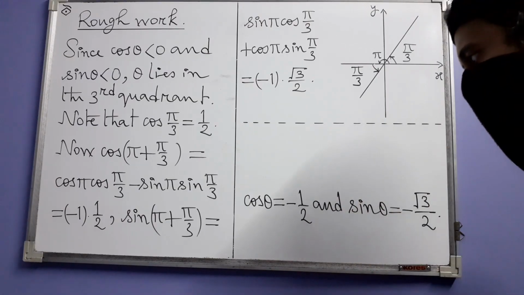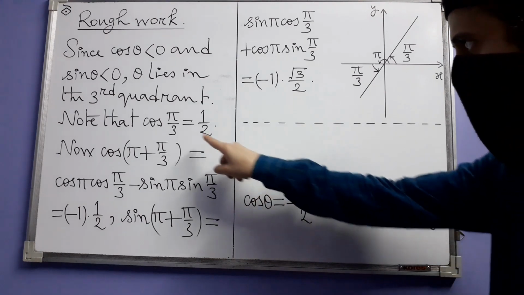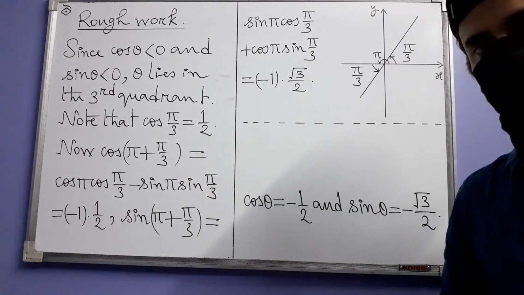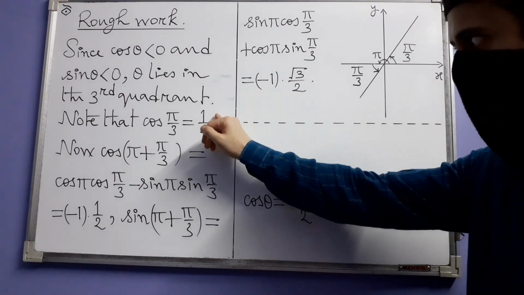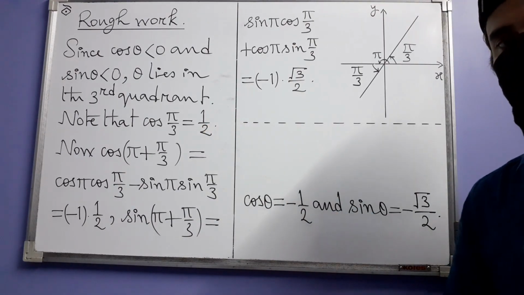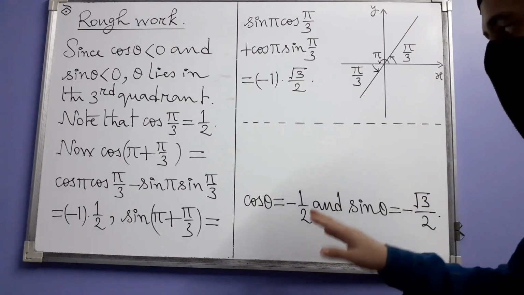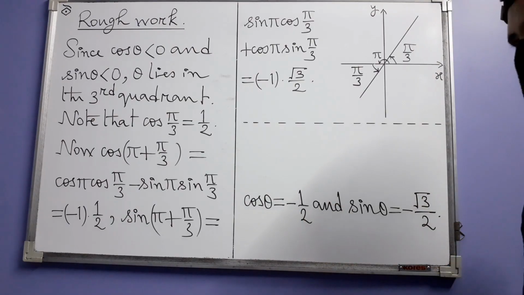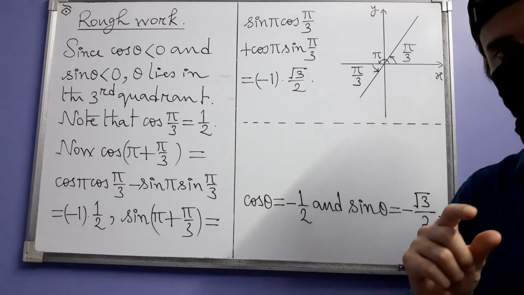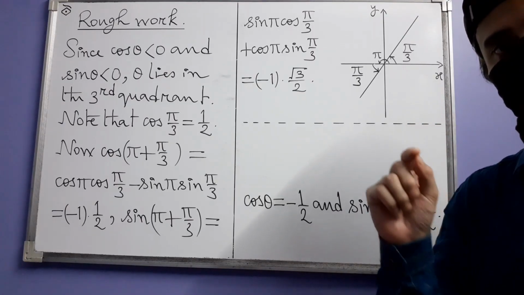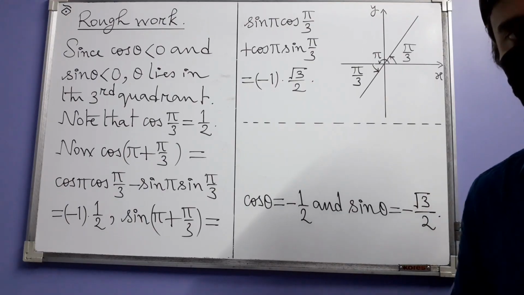We note one more thing, that cos 60 degrees or cos pi over 3 radian equals 1 divided by 2. This is something we know, and this does not involve this minus sign. So we know that somehow the angle 60 degree or pi over 3 radian should be involved in this calculation.